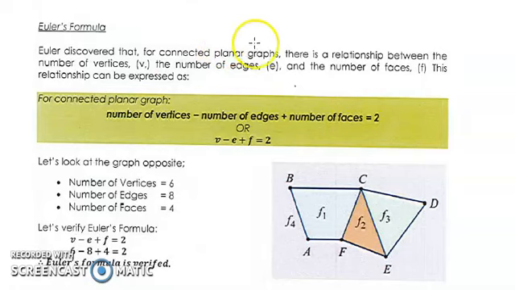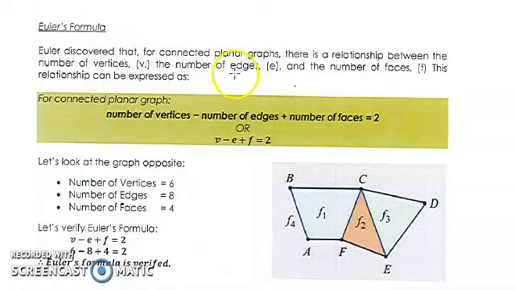But anyways, Euler discovered that for any connected planar graph, so connected meaning that every single vertex has to be connected one way or another to another vertex, and it has to be planar, so there's no intersections, there is a relationship between the number of vertices, the number of edges, and the number of faces.